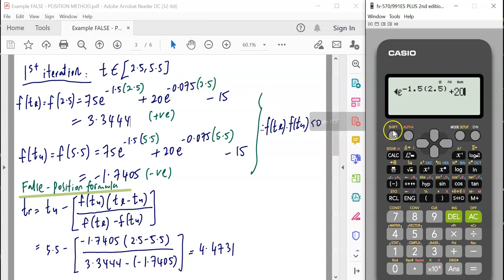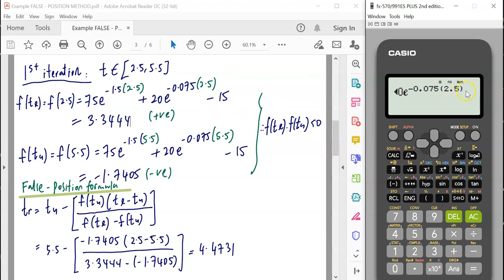So again, we press shift and then this button here, exponent. Now we insert negative 0.075, and then we have in bracket 2.5. Alright, and then we want to minus.